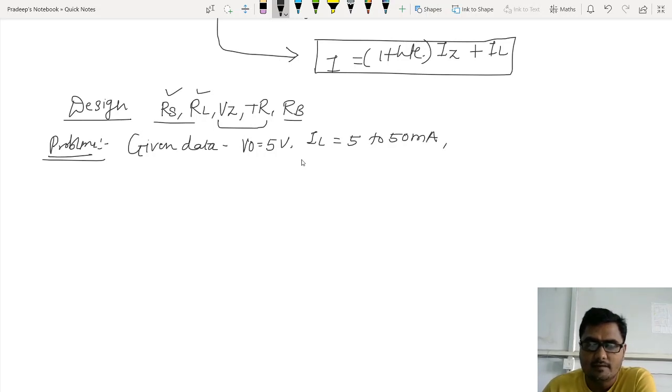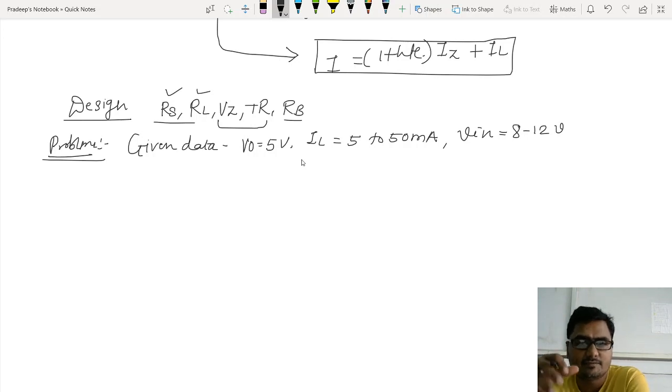and then input voltage Vin. We have taken the same specifications for which we have designed the Zener shunt regulator. See, output voltage is 5, we have designed the Zener for 5 volt. Then IL is 5 to 50 milliamperes and input voltage we have taken 8 to 12 volt.